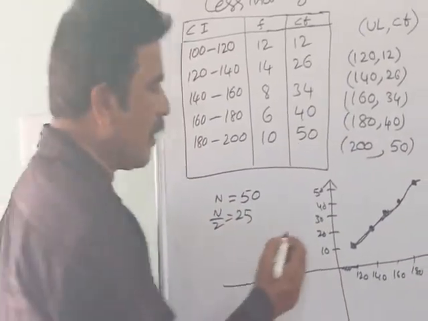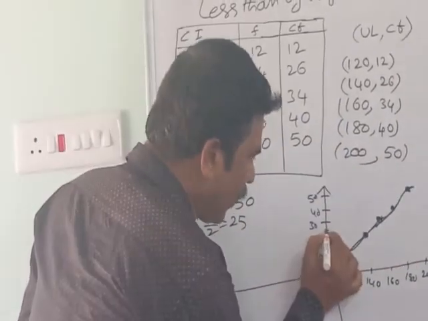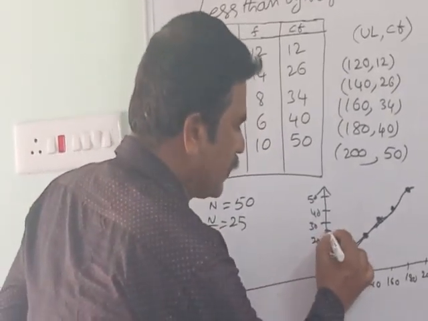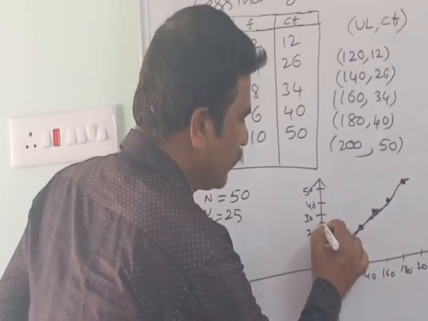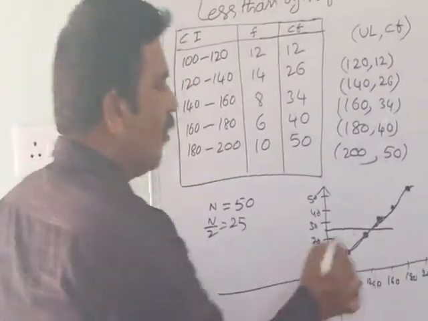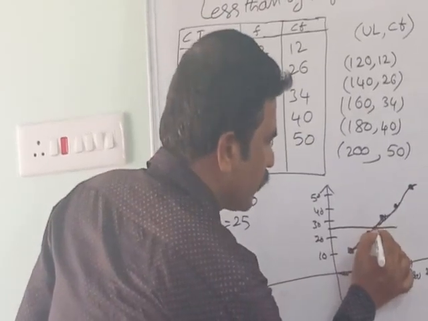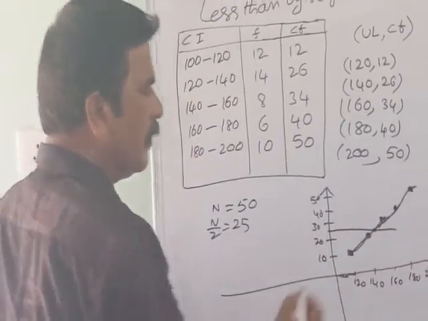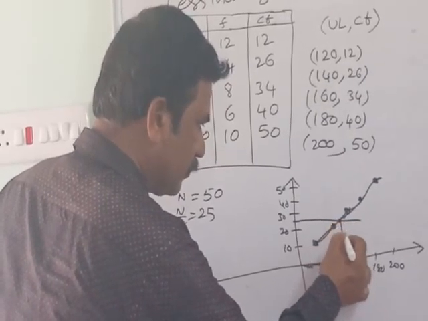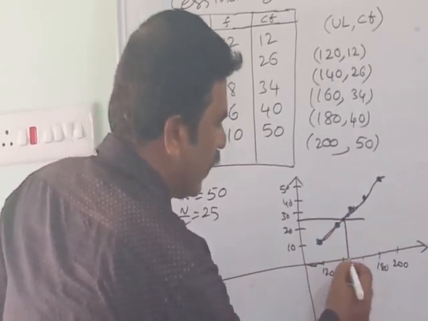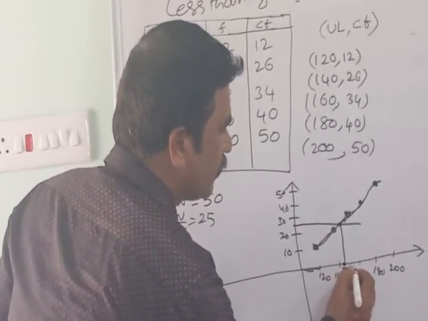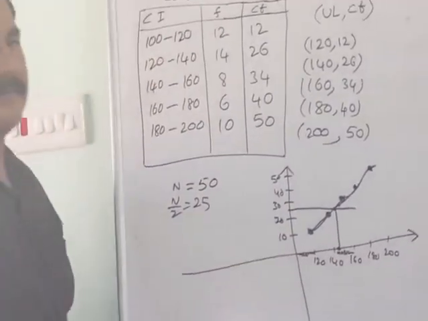Therefore, at 25, mark a point and with a scale draw a horizontal line. Where it cuts the graph, mark the point and draw a vertical line. Where it cuts the x-axis, that is the median.